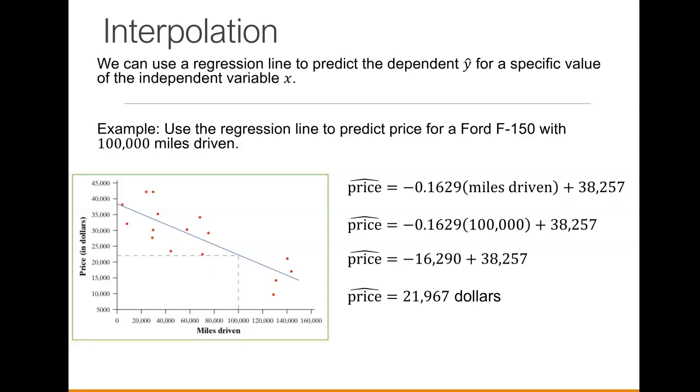The other type of prediction, when you ask for like a 200,000 mile truck, where your x value is either much bigger or much smaller than the biggest or smallest x values in your data set, is called extrapolation. Those tend to be much less reliable because, well, you're not sure this linear relationship is going to continue forever. And in fact, we know, for an automobile, that that's not going to continue forever because you're never going to get a negative value on a vehicle, right?